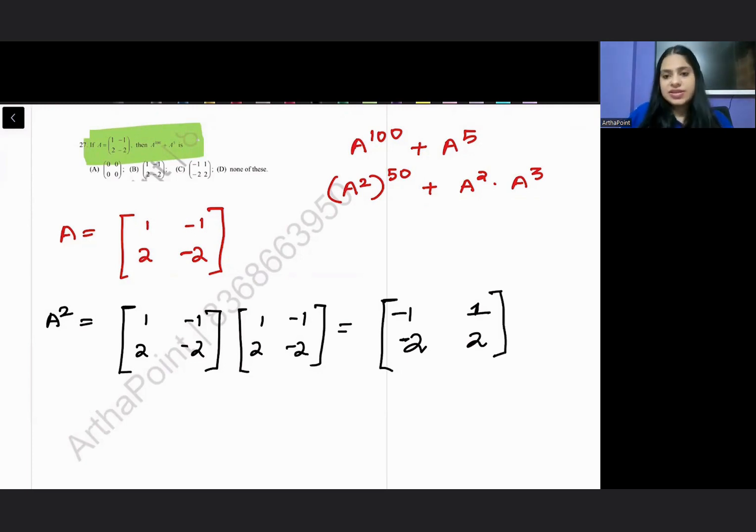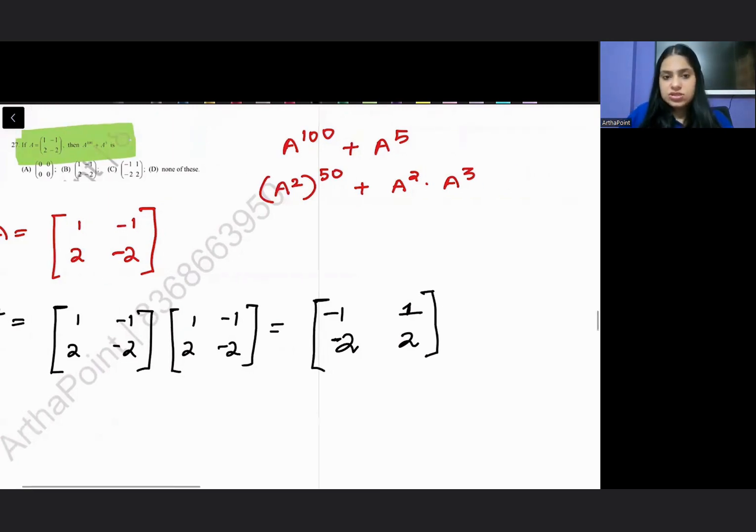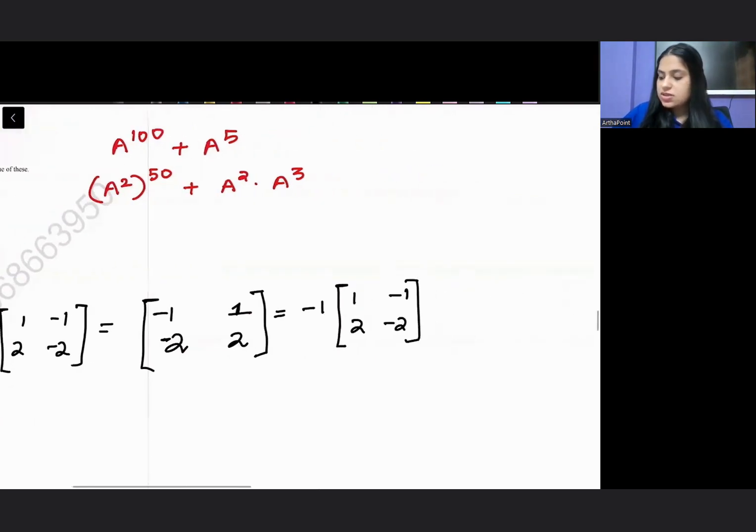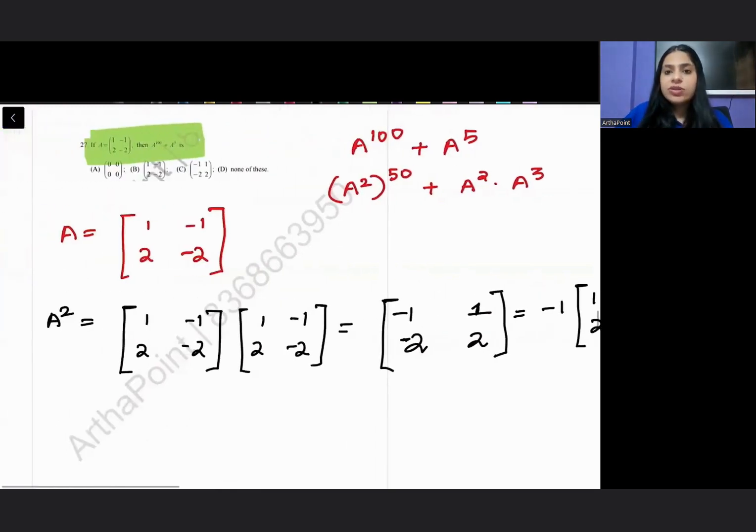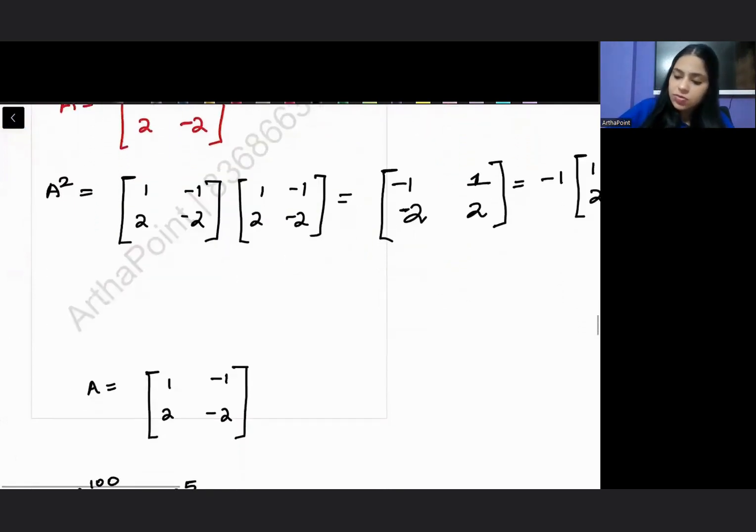I will get A square as this. And if you notice now, if I just take minus 1 out, I will get 1, minus 1, 2 and minus 2. This is nothing but minus A. So I have found out that A square is nothing but minus A. A square is nothing but minus A. Okay.